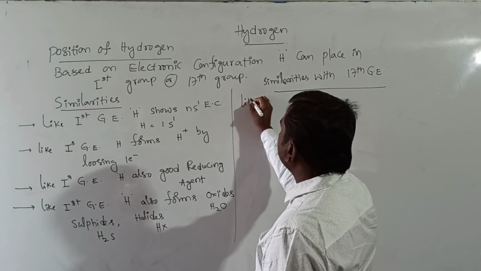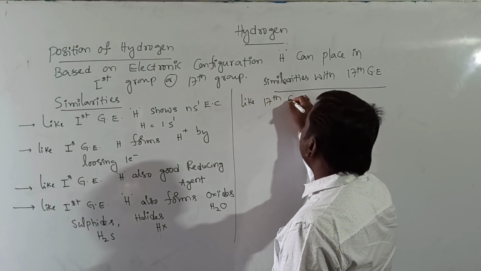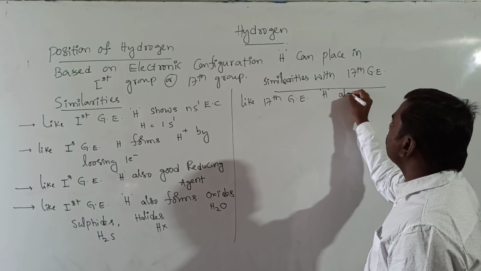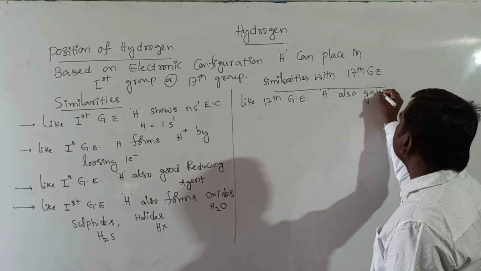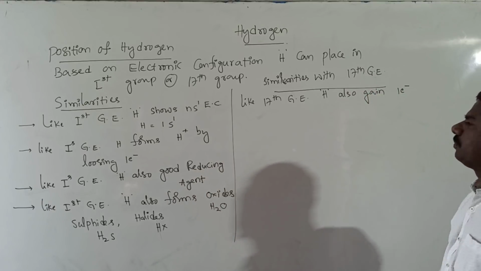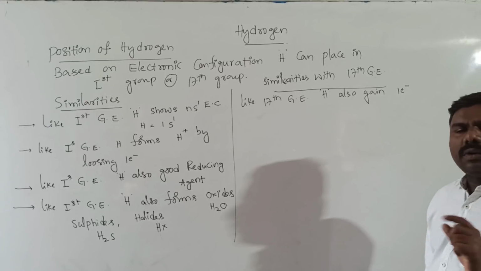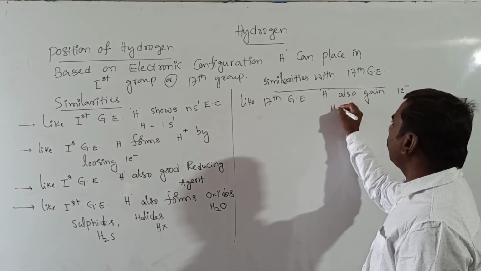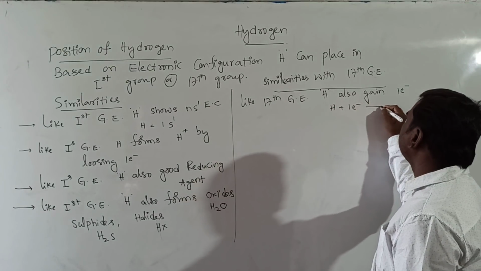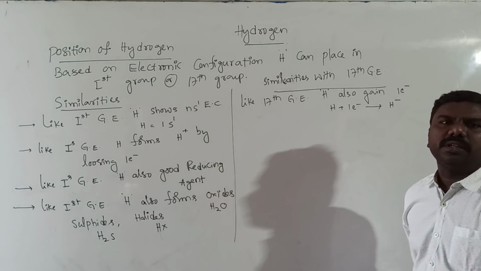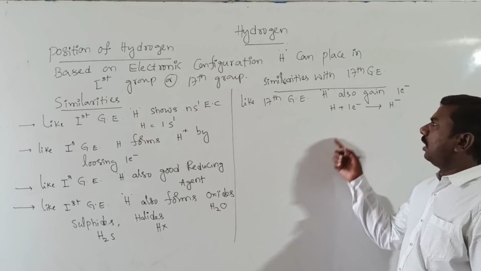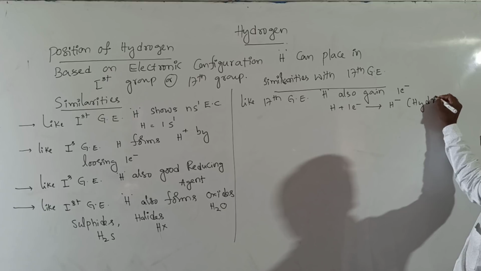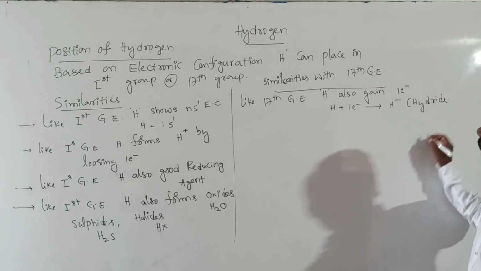Like 17th group elements, hydrogen also gains 1 electron. If chlorine gains 1 electron, Cl minus. If hydrogen gains 1 electron, then it gives H minus. It means like halide ions, hydride ion will be formed. It is called hydride ion.